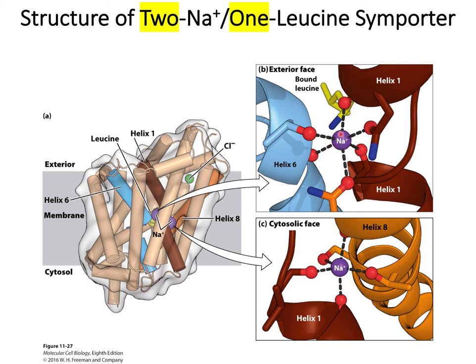So this is how the leucine is co-transported with the sodium. And this is just to give you an illustration of how these are the different structures of the different symporters. You do not have to go into the detail of the structure, it just gives the interaction of the 2 transporting molecules.